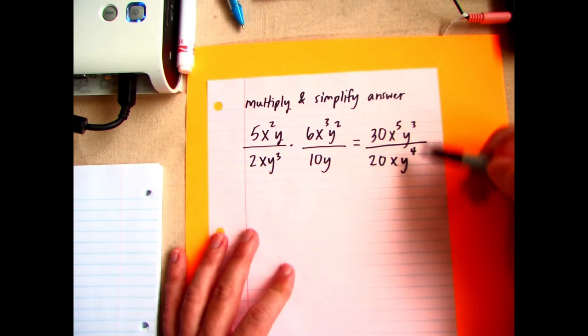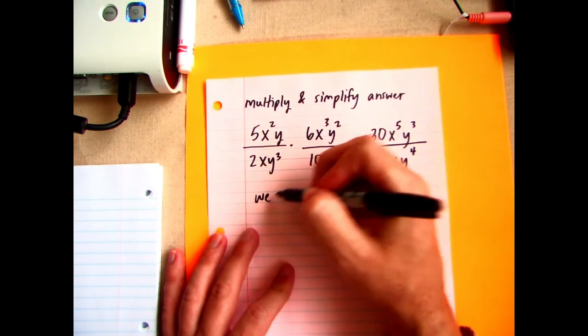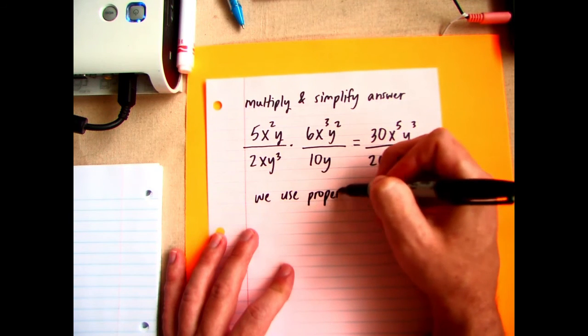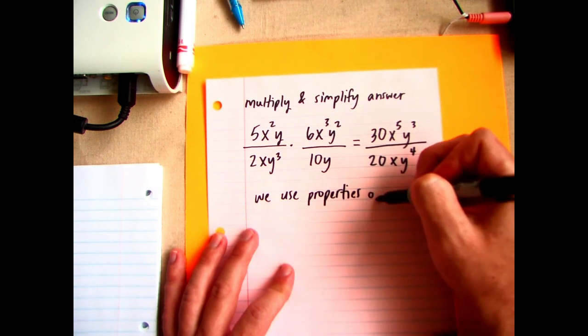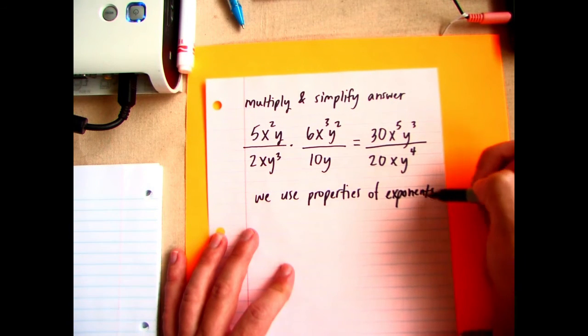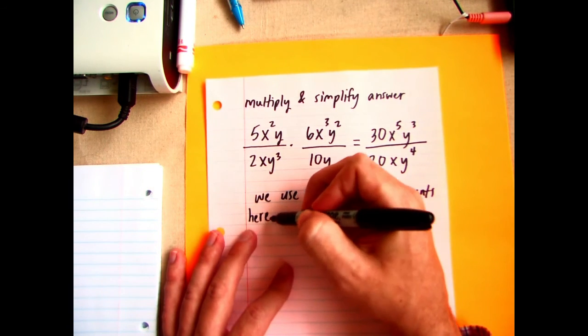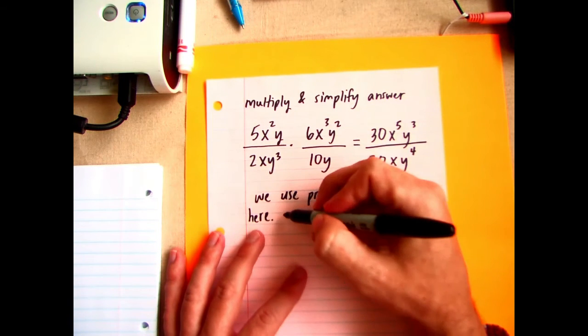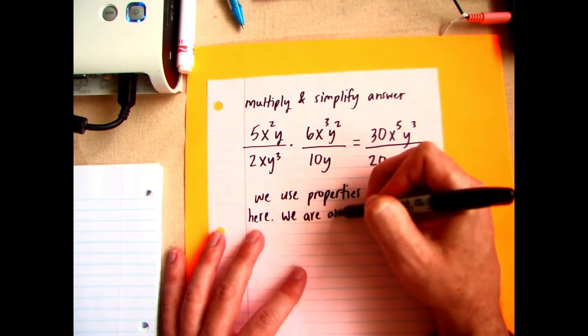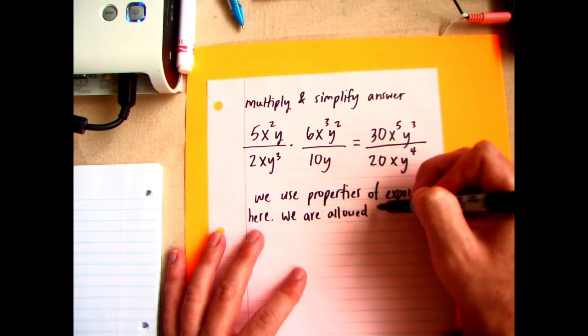Well, we didn't really realize it before, but when we simplified this with properties of exponents, we really were using this bubble idea. We were kind of using bubbles to an extent in order to see what cancels.